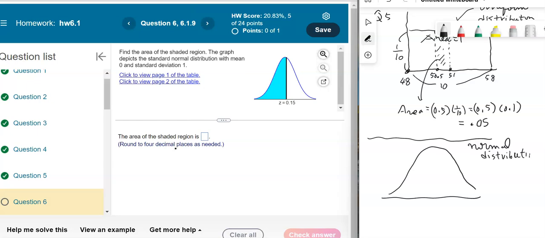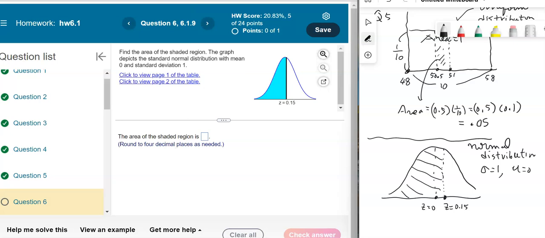And it is standard normal because mean is 0 and standard deviation is 1. Now find the area shaded. So this is z equals 0, and very slightly right of that, z equals 0.15. So they want you to find all this area.